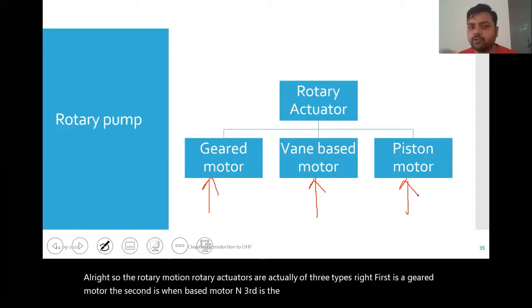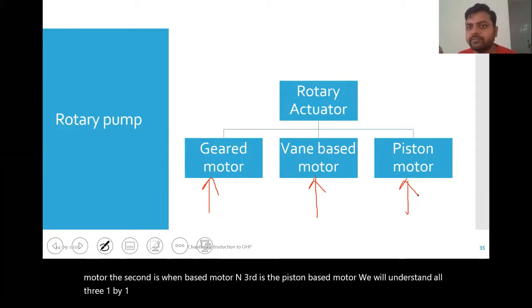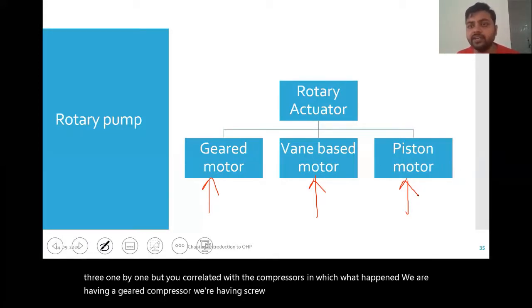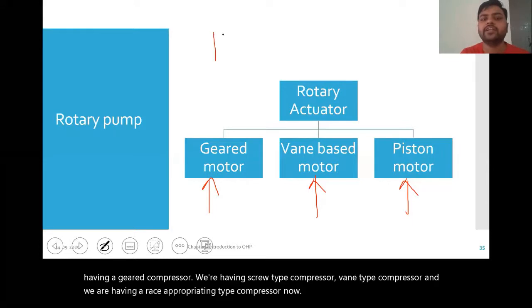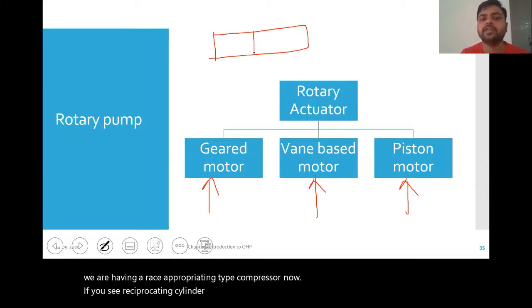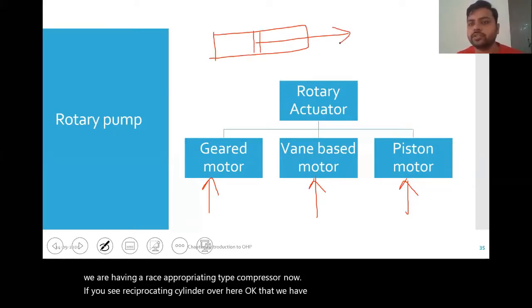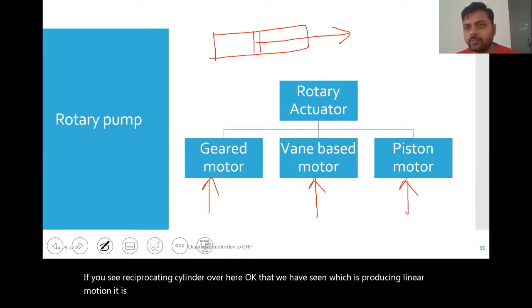We will understand all three one by one, but you correlate it with the compressors, in which we have a geared compressor, a screw type compressor, a vane type compressor, and a reciprocating type compressor. Now if you see the reciprocating cylinder over here, that we have seen, which is producing linear motion, it is completely opposite of the reciprocating compressor that we have seen.